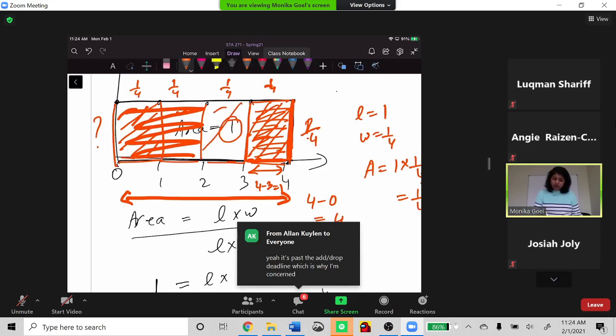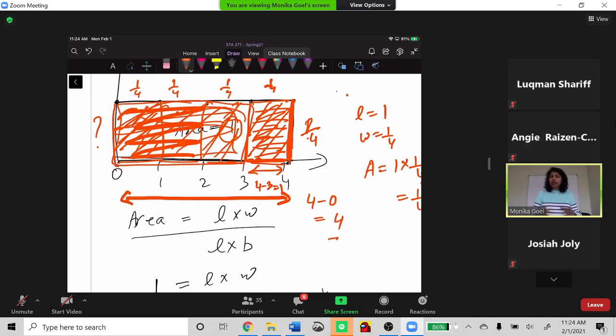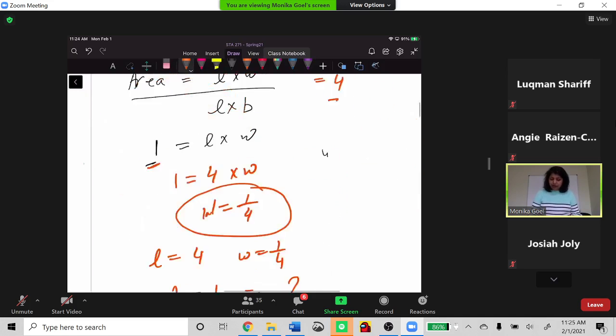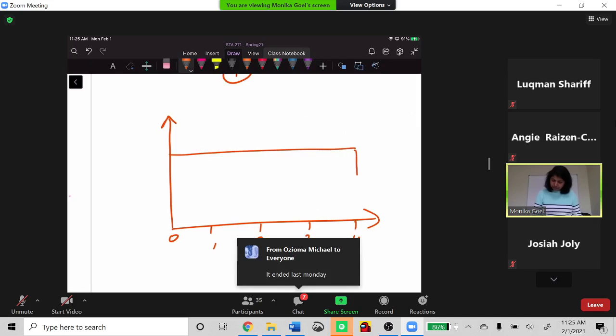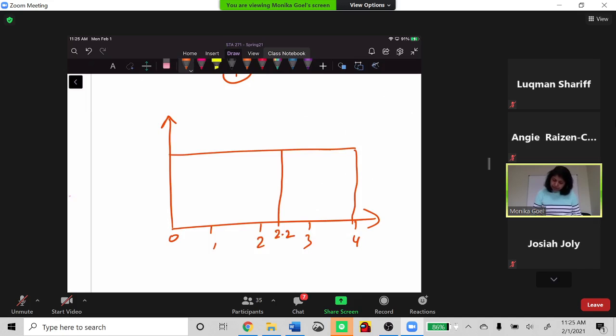Or if I'm looking for this one from here to here, I can say 3/4. So I can find that. Not a big deal. But if I have something like this, and I need to look for the area between 2.2 and 4, can I find that?